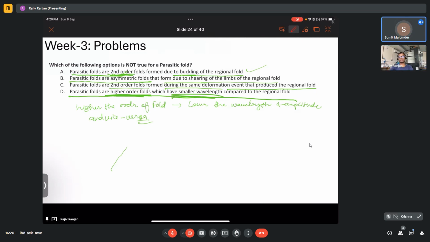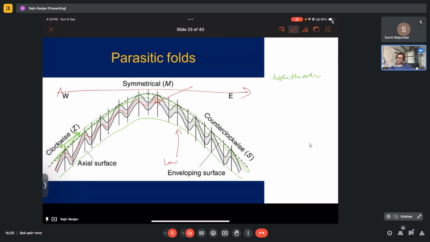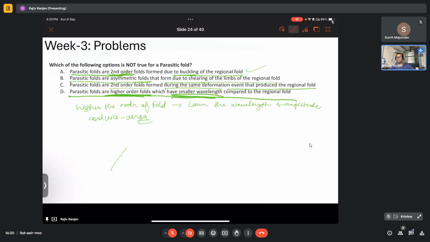And remember, parasitic folds formed at the same time, not at different times. That is how it mimics.